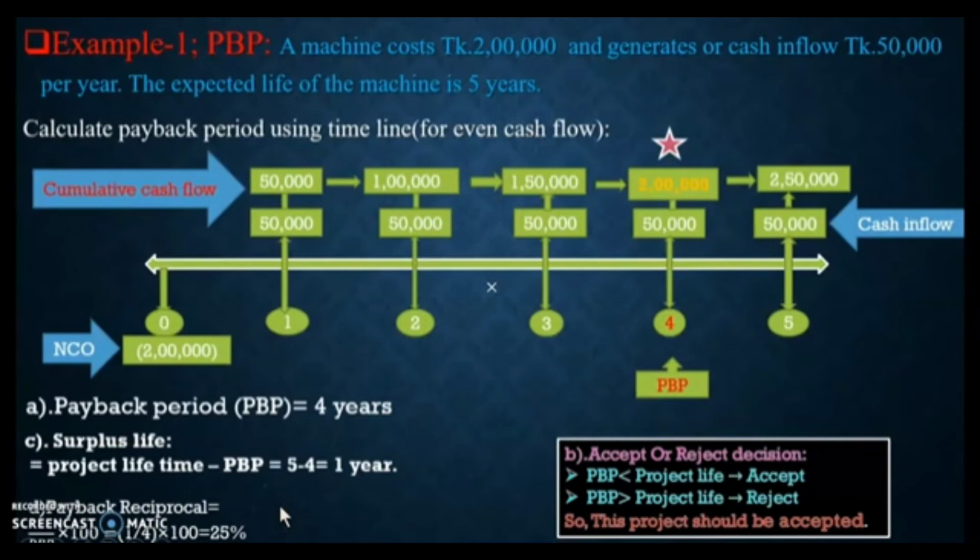It means the payback result will be a percentage. The formula is 1 divided by PBP, multiplied by 100. That means 1 divided by 4 into 100 equals 25%. This is the timeline method for even cash flows.